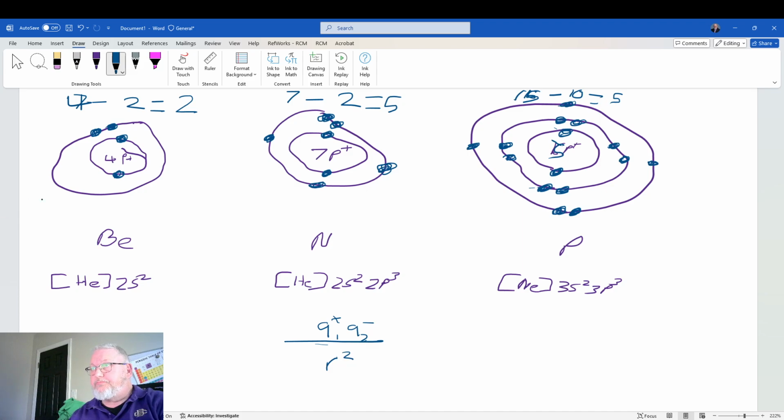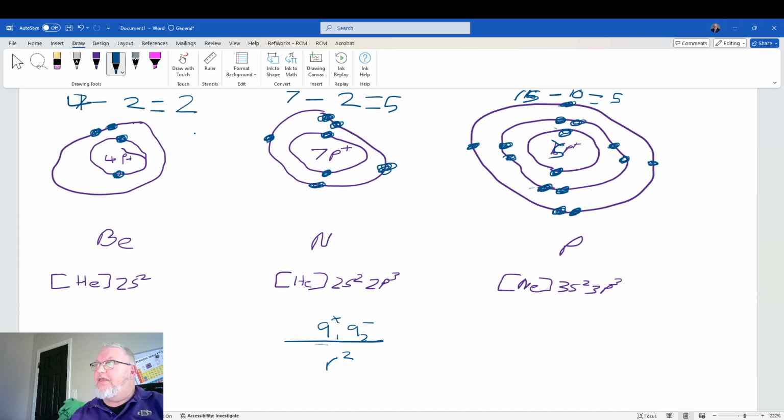So if you look at beryllium, there's not a lot of positive influence. So its electronegativity compared to nitrogen would be much less, which makes sense because as you go across the row on the periodic table, electronegativity actually increases because there's more positive pull to grab that negative electron.